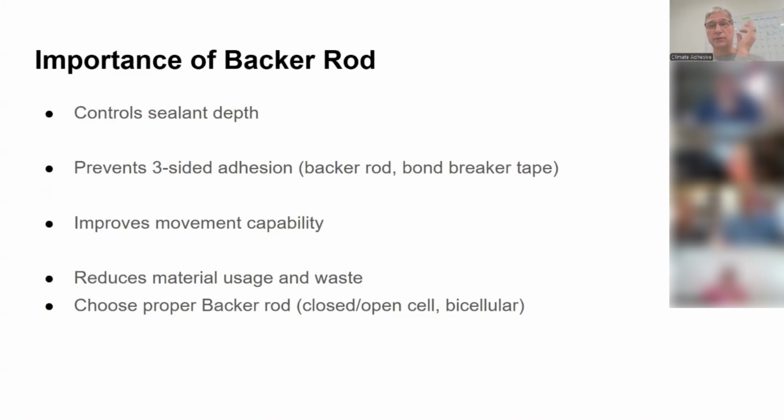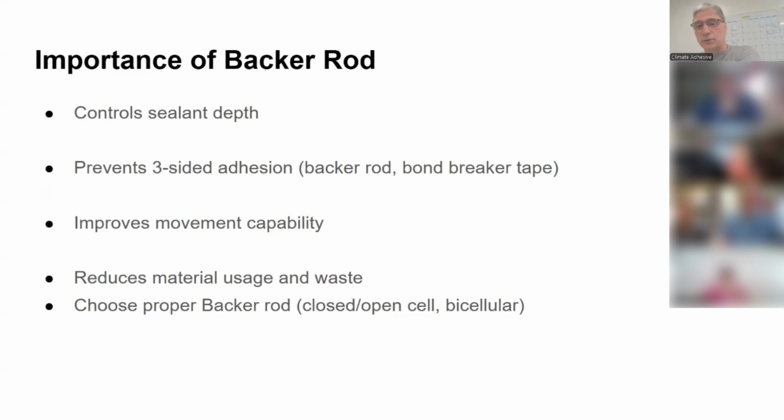So if you don't have enough depth in the joint, one thing you can use is a bond breaker tape. They make a polyethylene tape that's designed for these applications. It's always recommended not to have three-sided adhesion. It happens extensively.